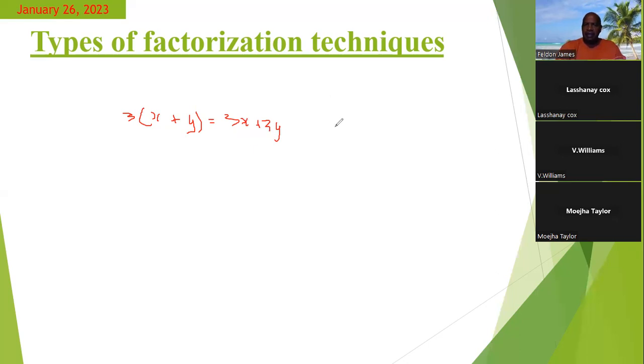Let me see if you understand what I'm saying, guys. All right, so in other words then, most often you'll be given an expression. So let's say that you are given 3x plus 3y.